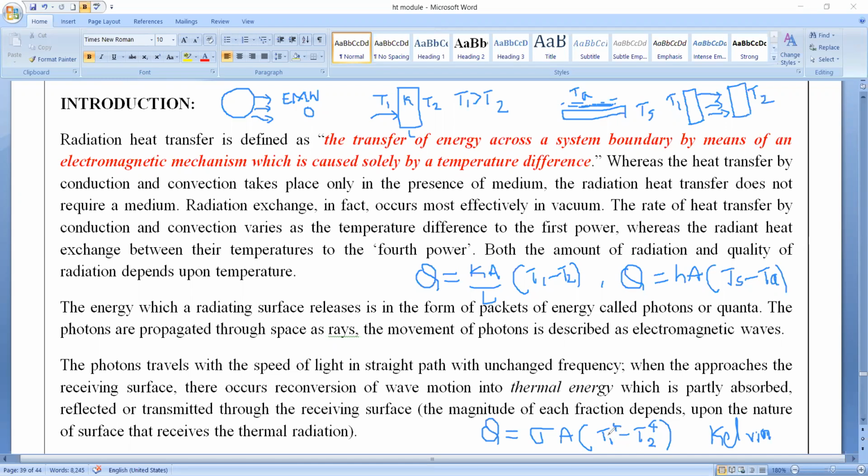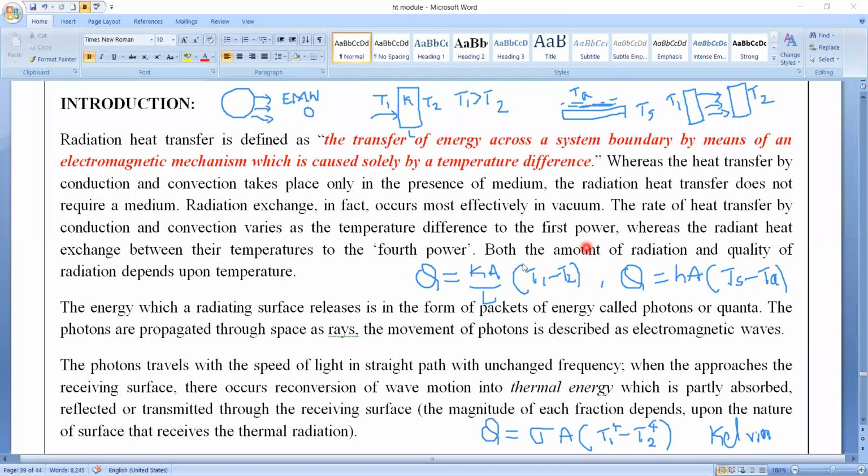While solving problems on thermal radiation, you must take the temperature in kelvins because the rate of heat transfer by radiation depends on the fourth power of the temperature. Is that clear? This is a very important part of the discussion. I hope this is clear.